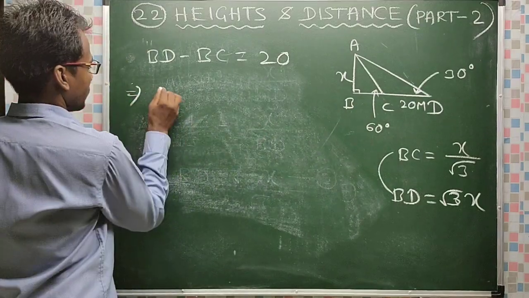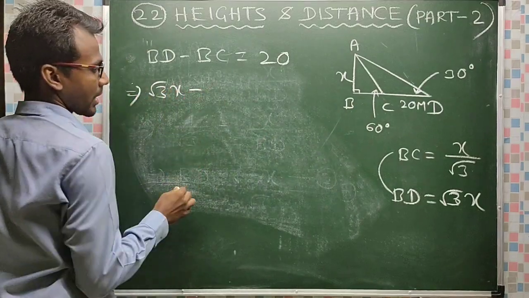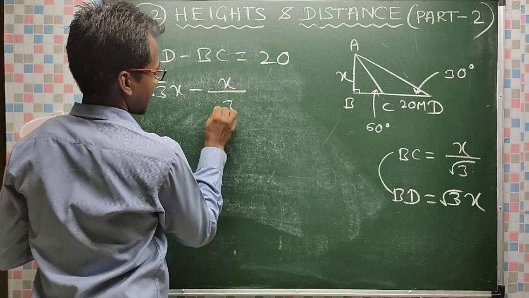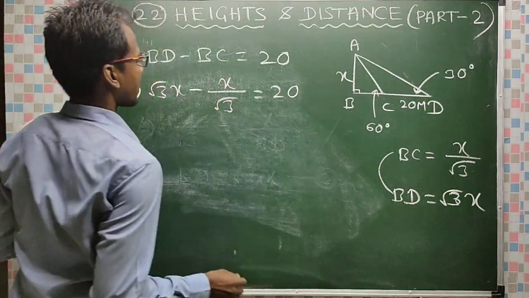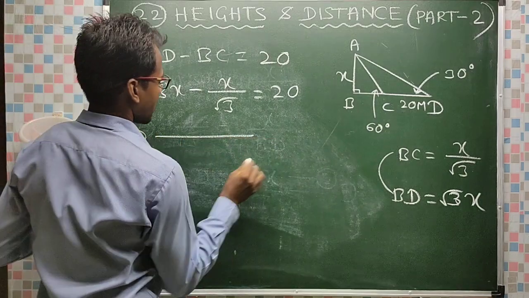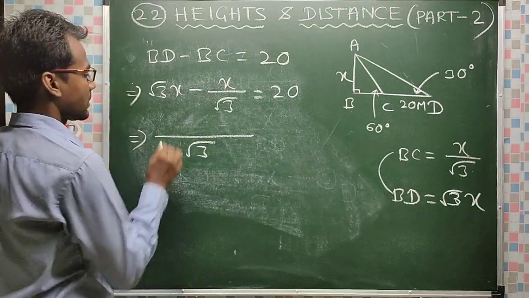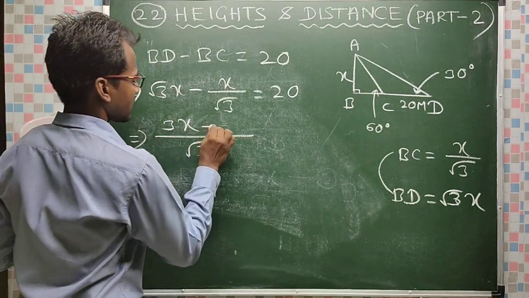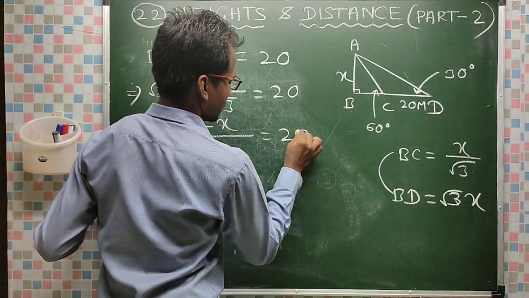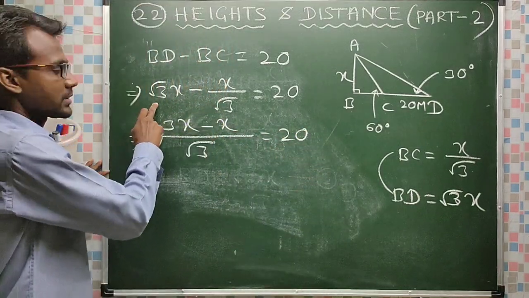Now let us put the value. Root 3x minus x by root 3 is 20. Let us take LCM. Root 3 is LCM. This will become 3x minus x is equal to 20 root 3, since root 3 into root 3 is 3.